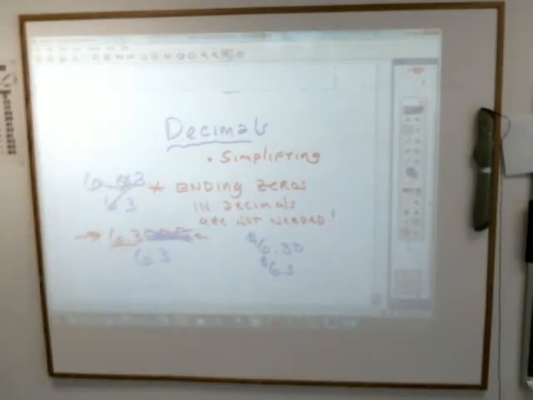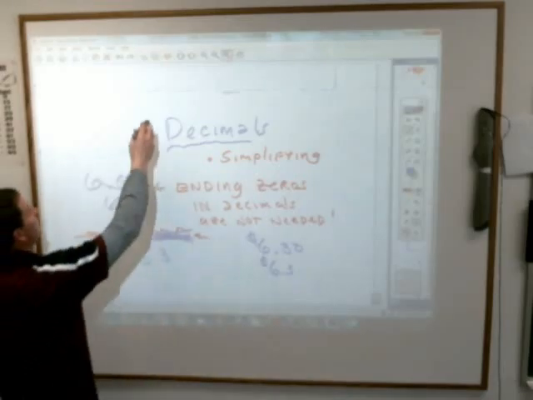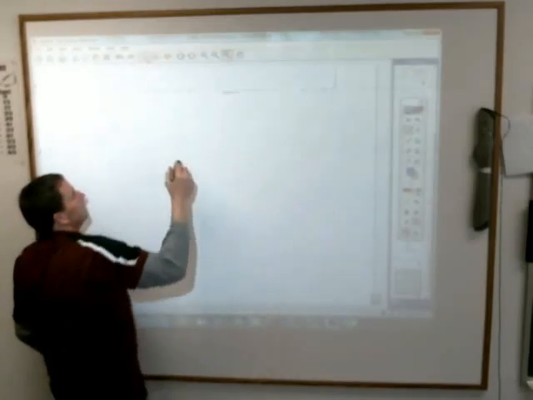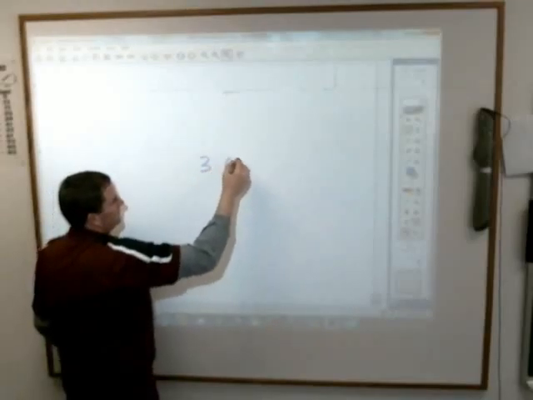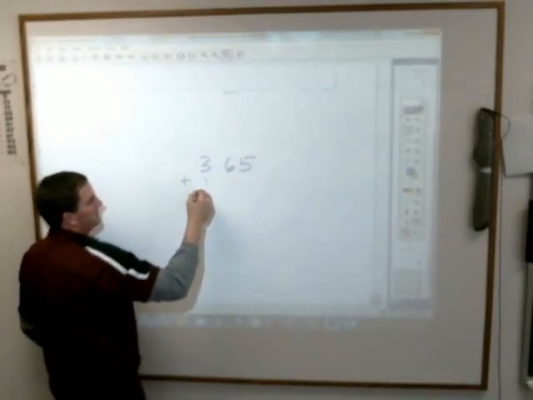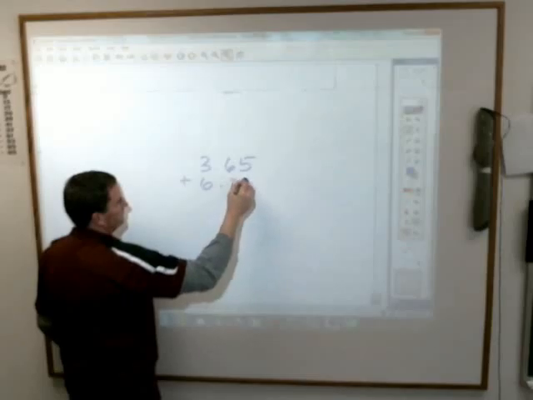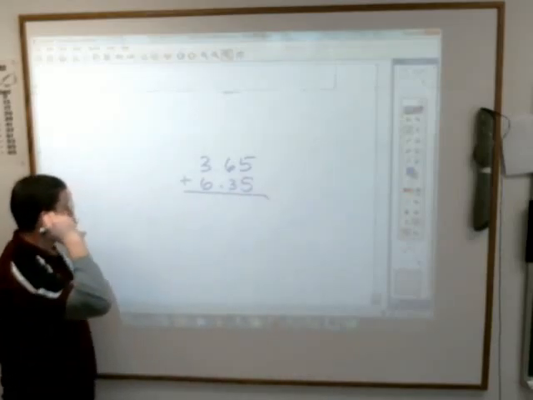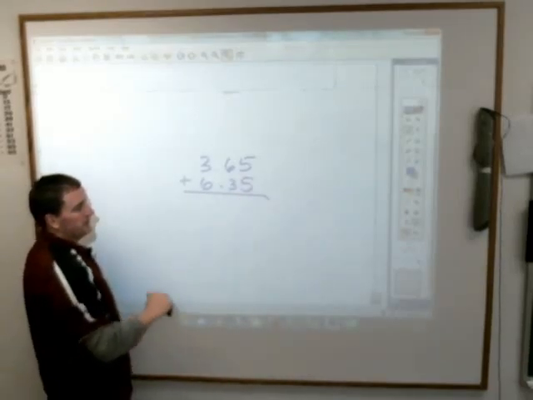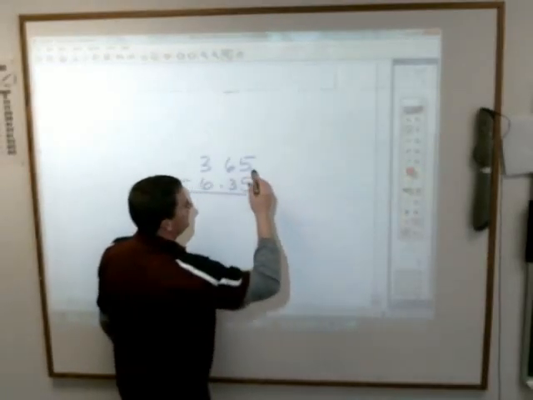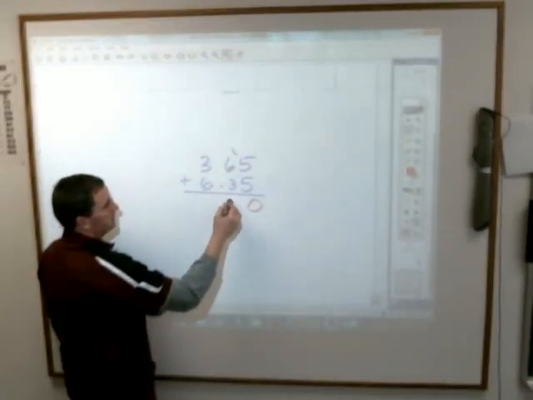Let's look at some examples from the book. For example, if you have this problem, 3.65, and I am adding 6.35. When I add those together, I get 5 plus 5 is 10, 9 plus 1 is 10.